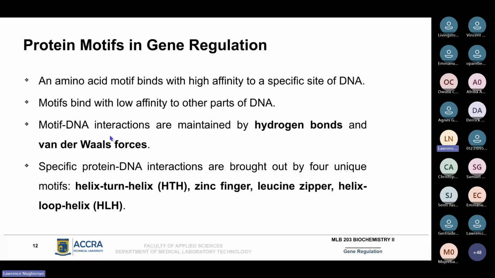There are specific portions of these proteins that directly interact with the nucleic acids, with the DNA molecule, that gene, to get it activated. It is that portion that has a high affinity for the DNA molecule. These interactions come in different forms, like hydrogen bonds and van der Waals forces, between the DNA molecule and the protein.